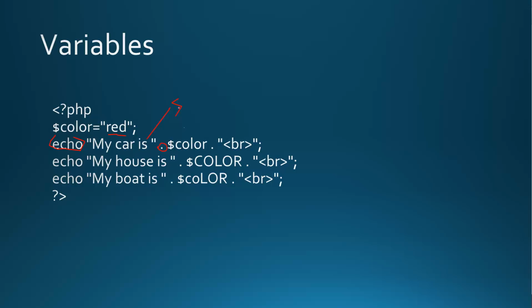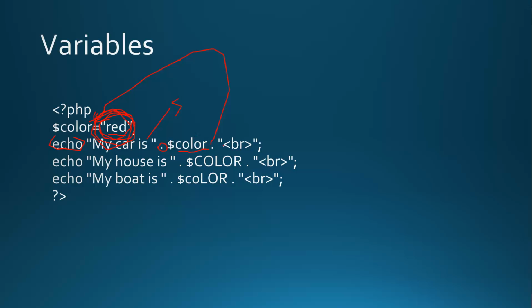We then wrote $color. Why do we write $color? Because $color references the variable that we wrote right in the beginning. And what is it going to display? It's not going to display $color. It's going to display the content defined inside the actual variable, which in this case is red.